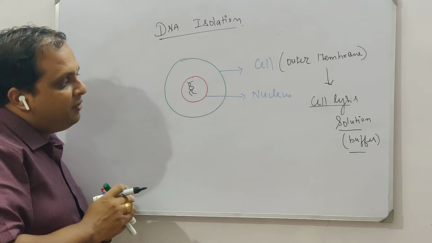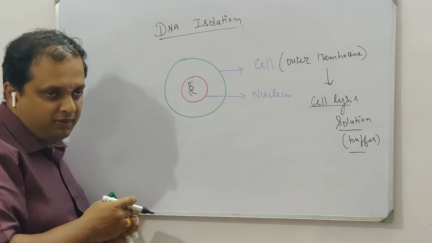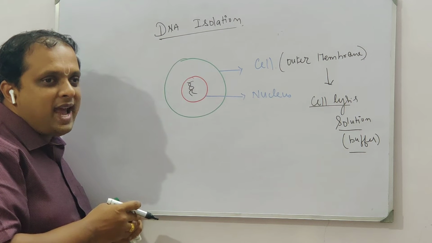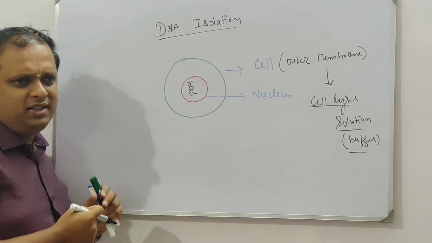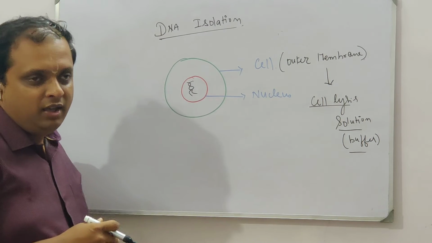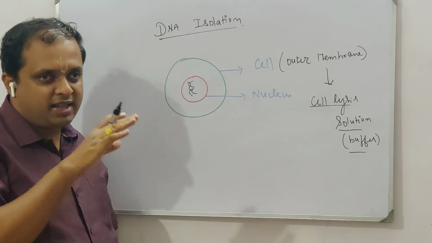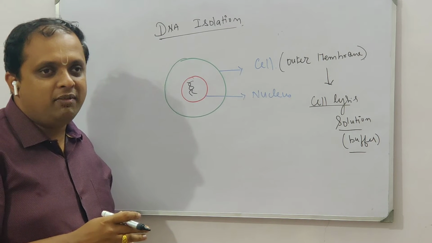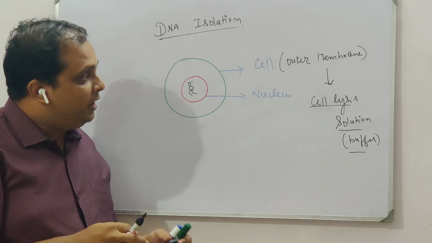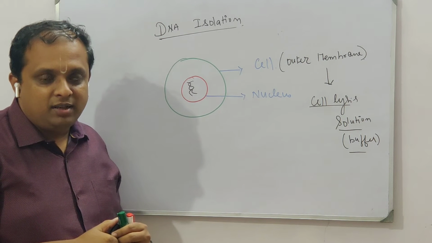In case you are going to use an animal cell like human cells, which we have taken for our present discussion, you can just add some detergent. Detergent is used because our cell membrane is made up of a phospholipid bilayer, so detergent will easily break down the plasma membrane. So the plasma membrane will disintegrate. Whereas if it is going to be a bacterial cell, what is the bacterial cell made up of?